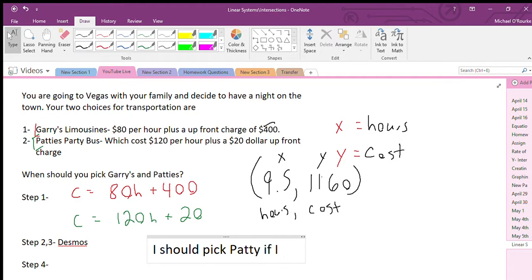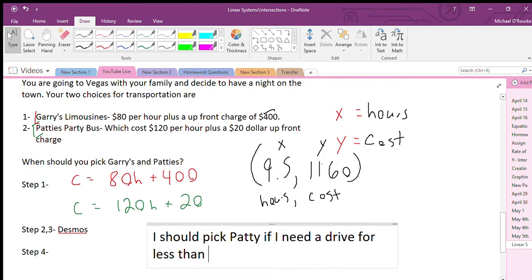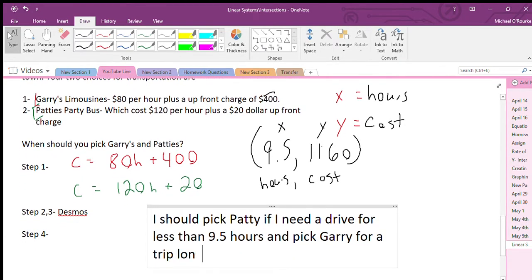Because her initial fee plus her first hour, like when I set both at 0, it's going to be lower. It's only going to cost 20. So I should pick Patty if I need a drive for less than 9.5 hours, and pick Gary for a trip longer than 9.5 hours.